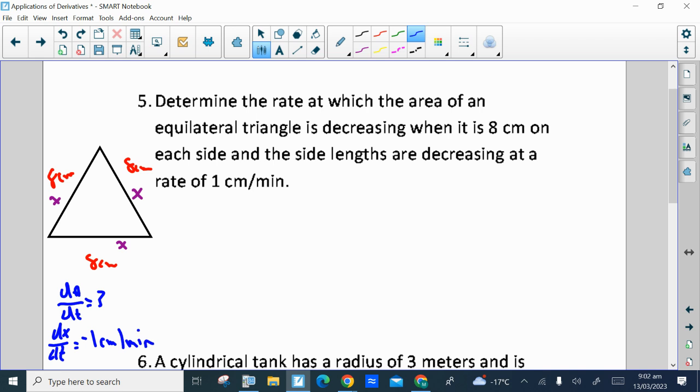Because it's decreasing, that makes it negative. So we need to have a formula that relates the area of a triangle to x, the length of the sides. And the formula for area of a triangle is base times height divided by 2. That will be the formula that we will use here, or 1/2 base times height.